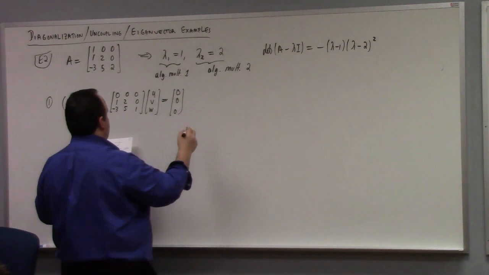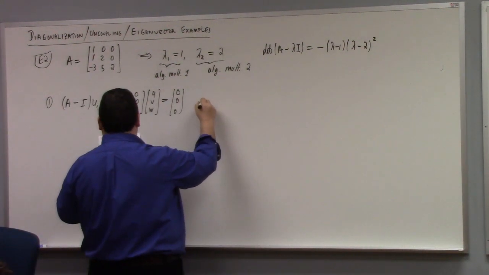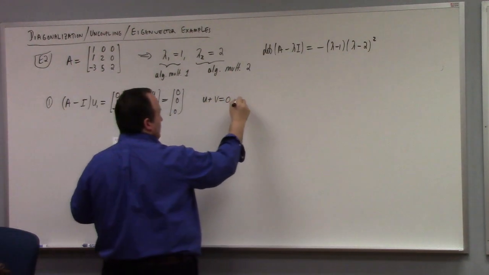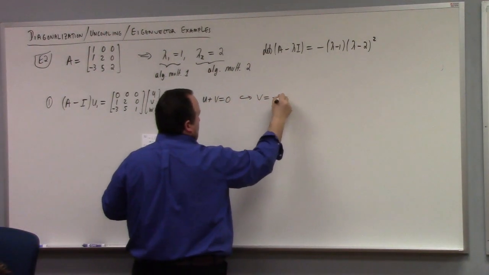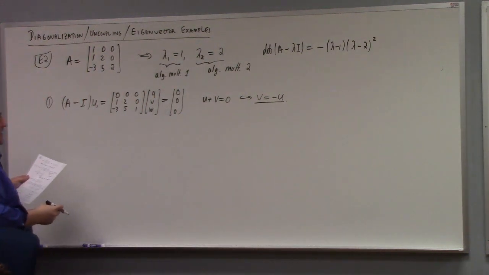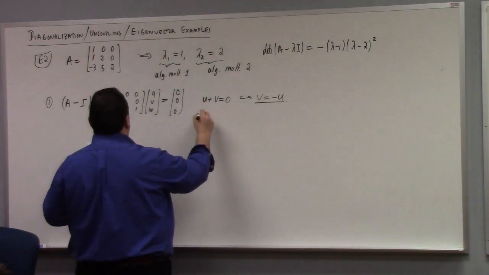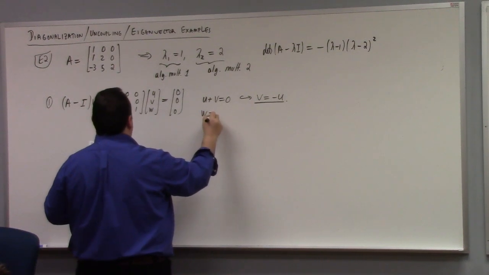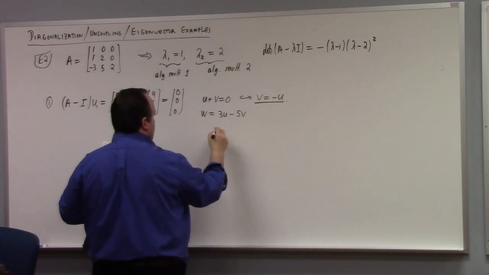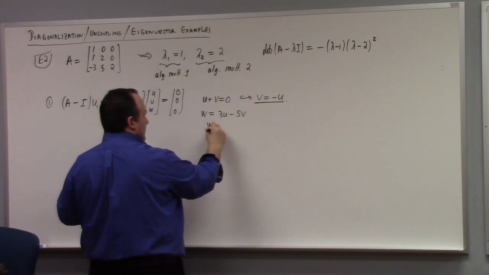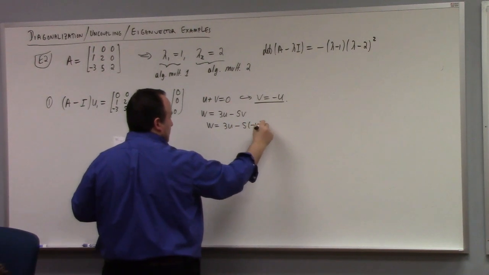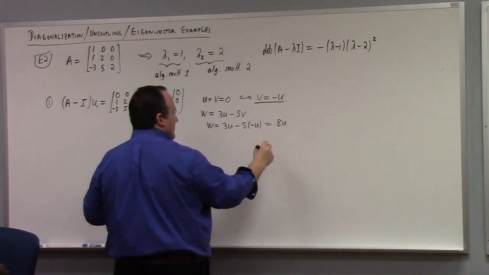If you look at this, you've got U plus V equals 0. So I chose to look at that as V is equal to minus U. And then my third equation gives me W is 3U minus 5V. So that would give me W is 3U minus 5 times minus U, also known as 8U.